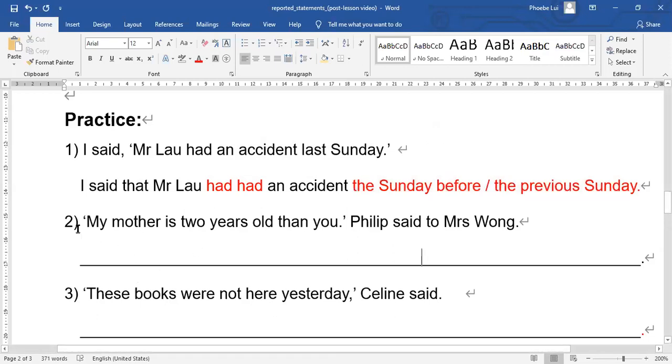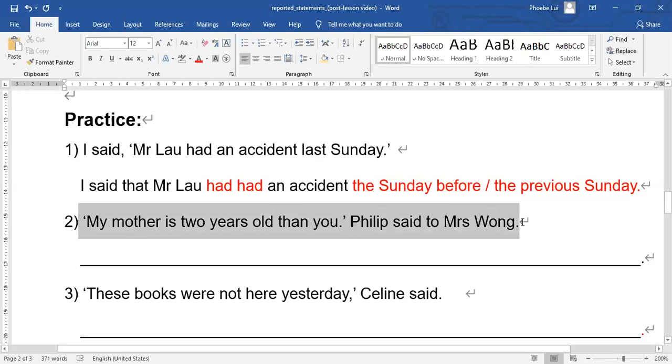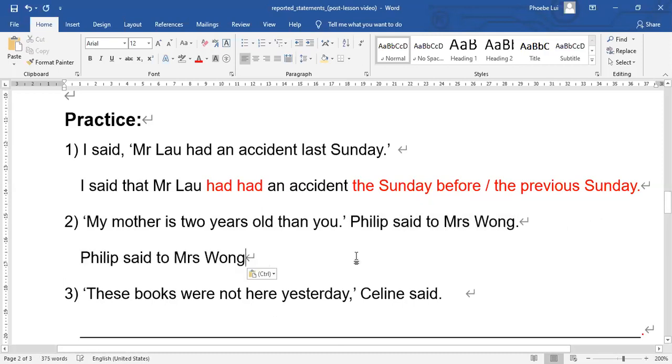Number 2. My mother is 2 years older than you, Philip said to Mrs. Wong. So you keep this, Philip said to Mrs. Wong. And then move the subject, my mother, and make it into Philip's mother, right? So his mother.